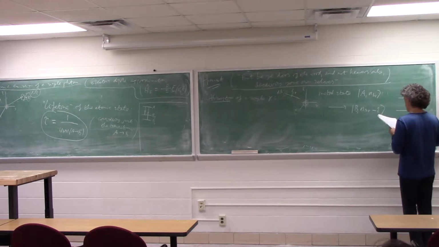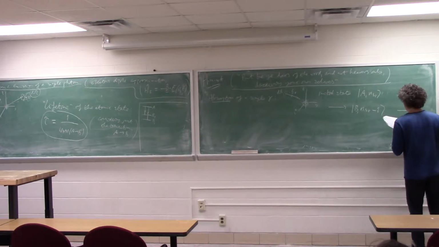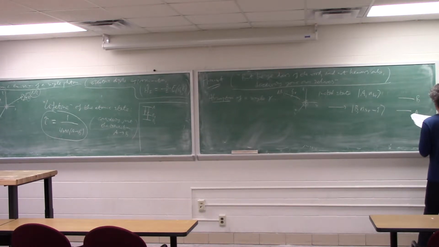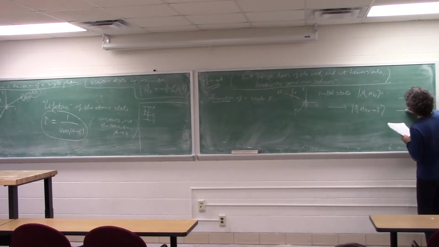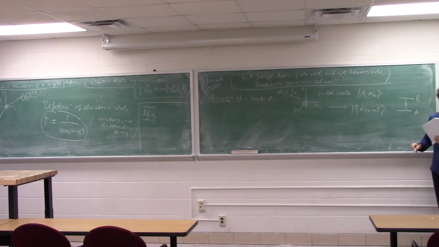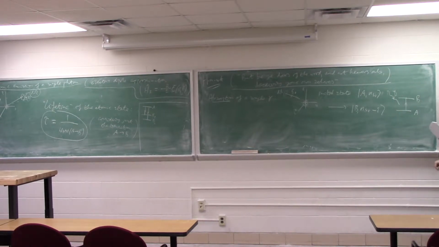So the A's and the B's are now swapped around. You can think of it like this. The atom is making an upwards transition and it is absorbing a photon.